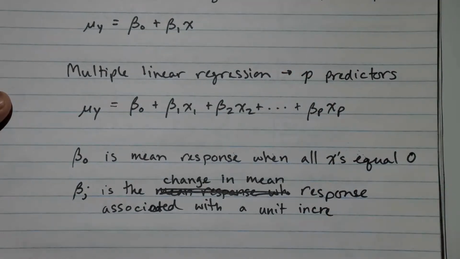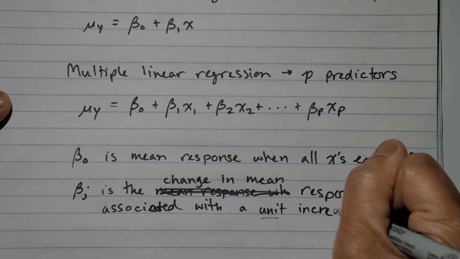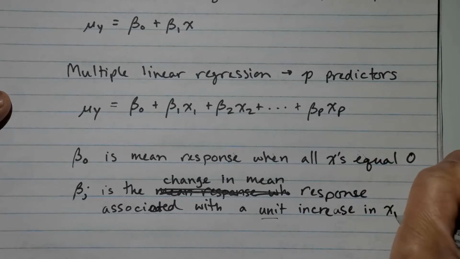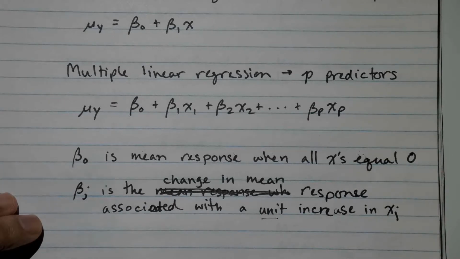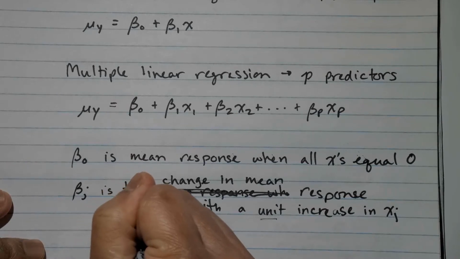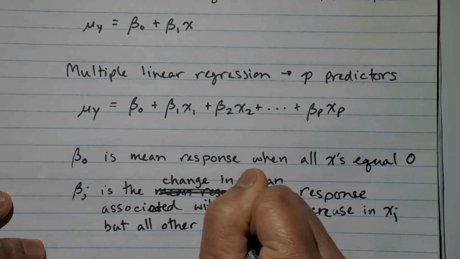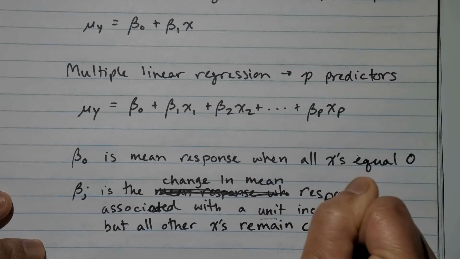Beta j, on the other hand, is the change in the mean response that's associated with a unit increase in xj, but all other x's remain constant.